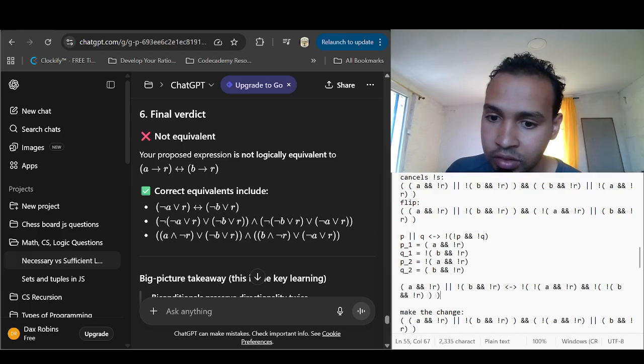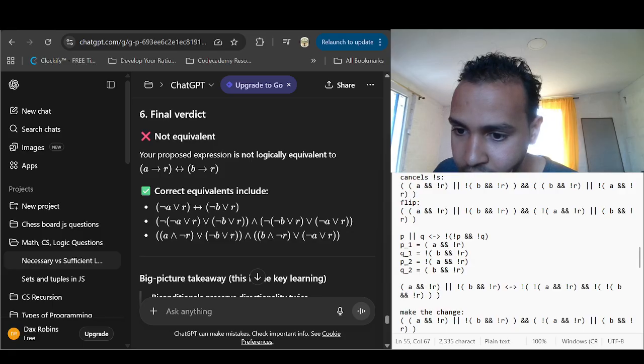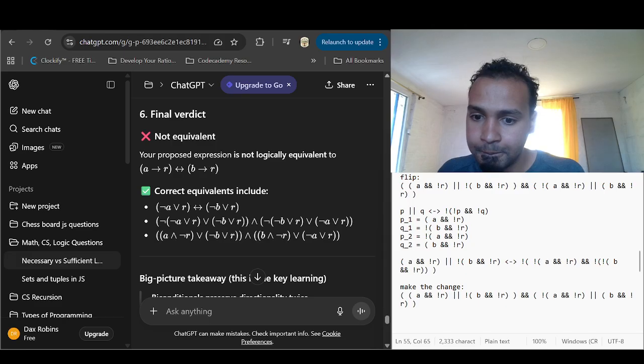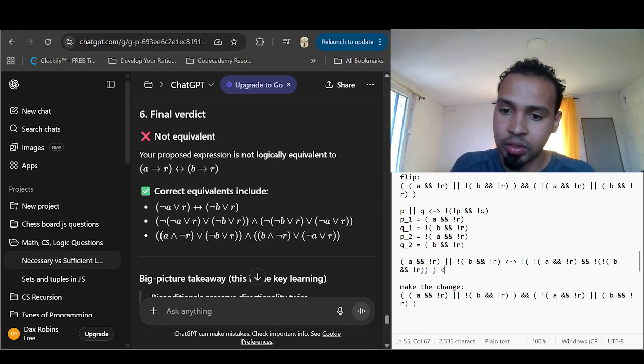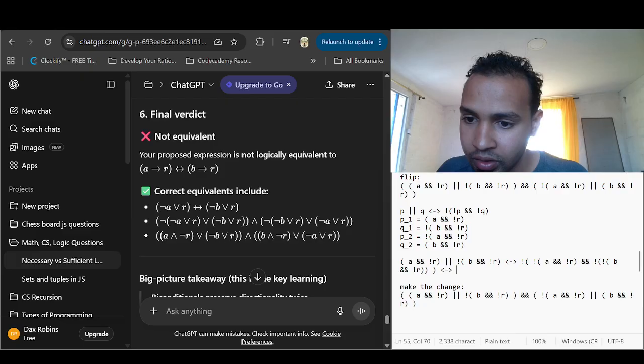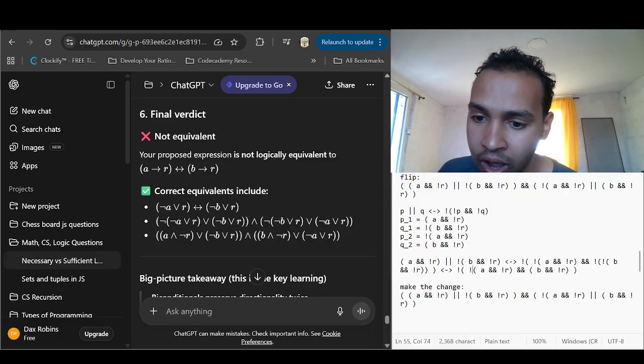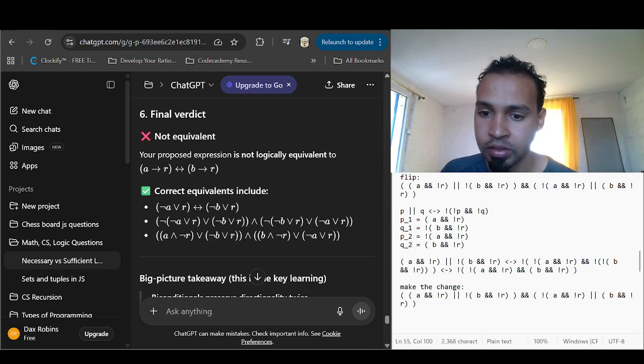I just want to be consistent with the parentheses here. So that's good. Then we got two parentheses here. That kind of creates a unit. Okay. And then I can do one more equivalence, and I'm just going to simplify the nots a bit. I'm going to simplify these two nots because I think they cancel out. And now we end up with a not A or not R and a B or not R. Okay, so that's that.